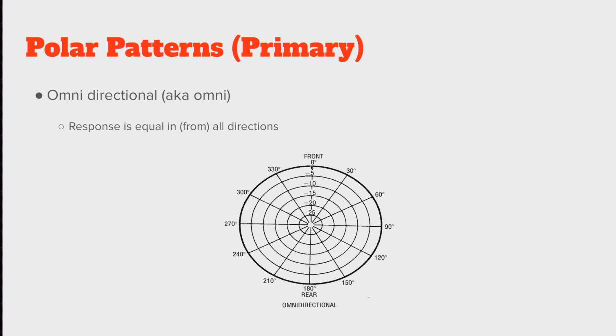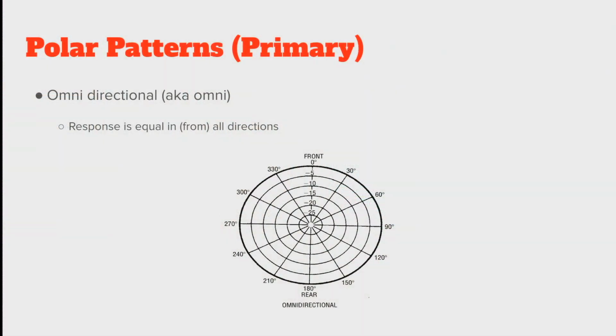Doesn't really matter as long as we understand that this is the forward bias on the microphone. So if we were talking about the Shure SM57, 0 degrees would be sound coming from this direction. Again, 0 degrees, that's going to be sound coming from this direction here.